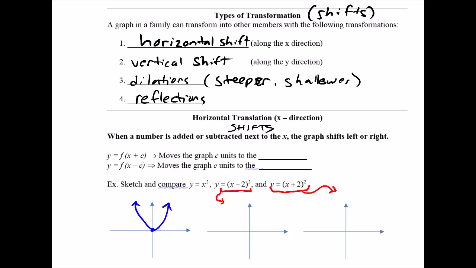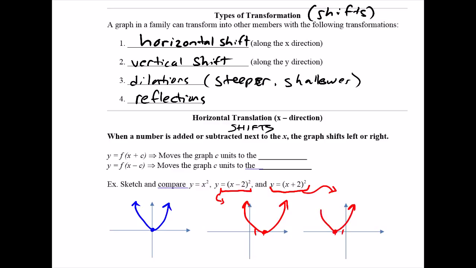Alright, and we're back. So, what does y equals negative x minus 2 quantity squared do? Well, it shifts it to the right. 1, 2, shifts it to the right 2. So that's our new one. And how about the other one? It shifts it to the left 2.